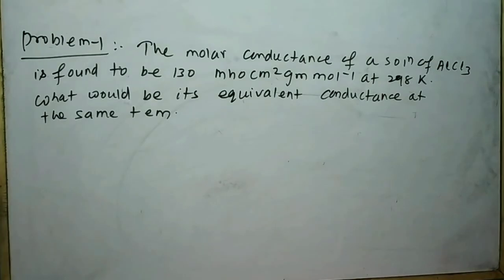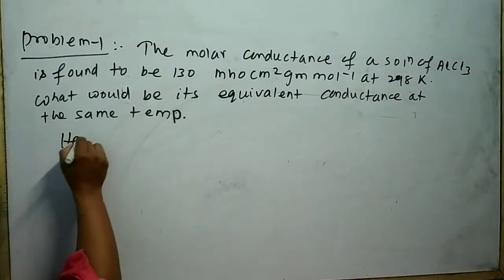Now I will solve problem number 1. The molar conductance of a solution of AlCl3 is found to be 130 mho cm square gram mole inverse at 298 Kelvin. What would be its equivalent conductance at the same temperature?